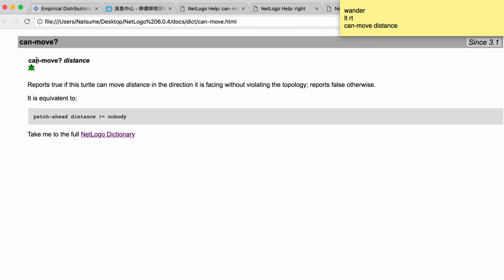If the patch-ahead distance is 1, so just 1 unit, 1 distance away. If this is 2, which means 2 distance away, the patch over here. If this patch is not nobody, meaning the patch exists. If this patch equals nobody, meaning the patch does not exist.